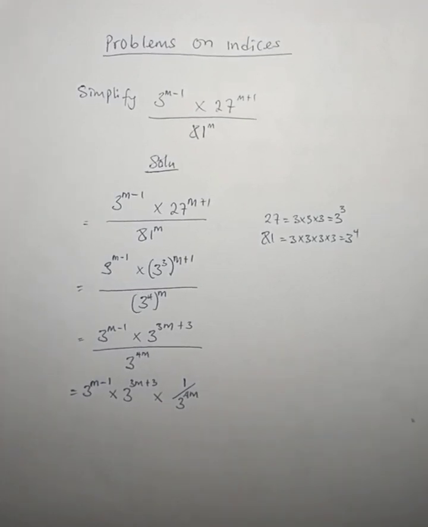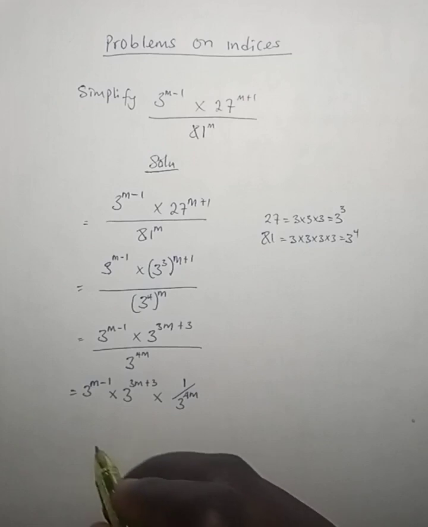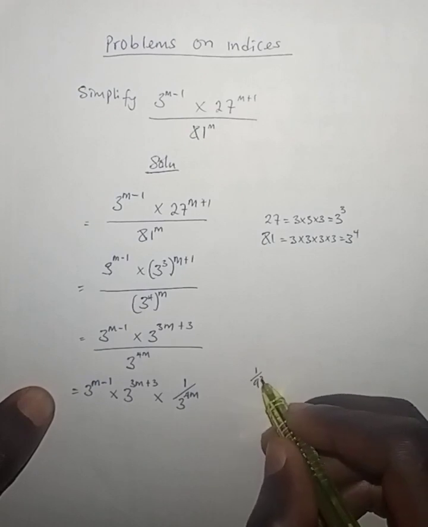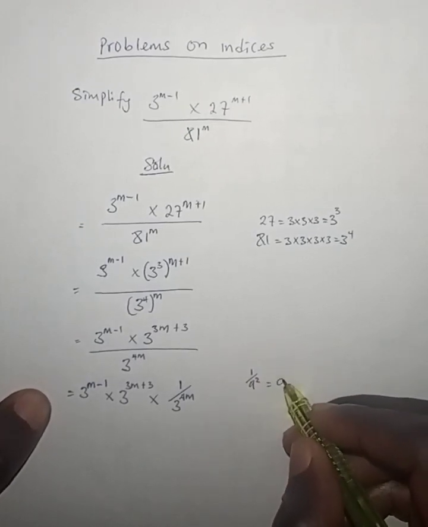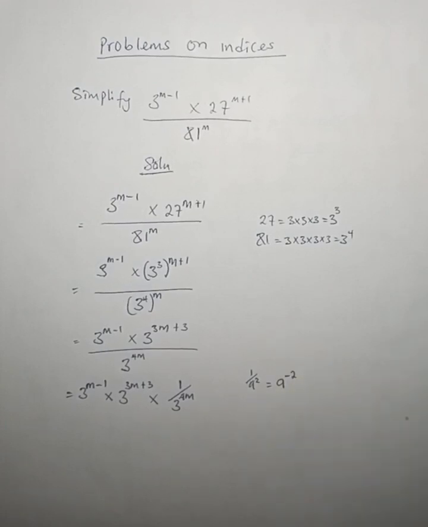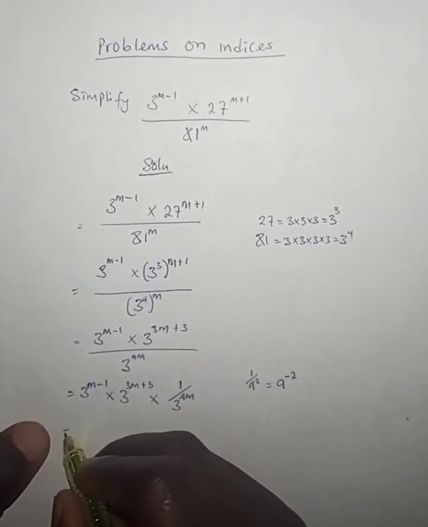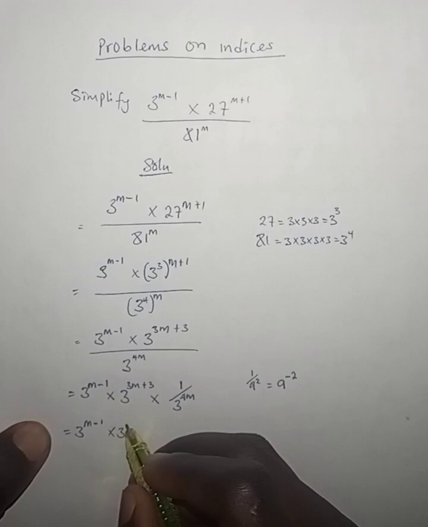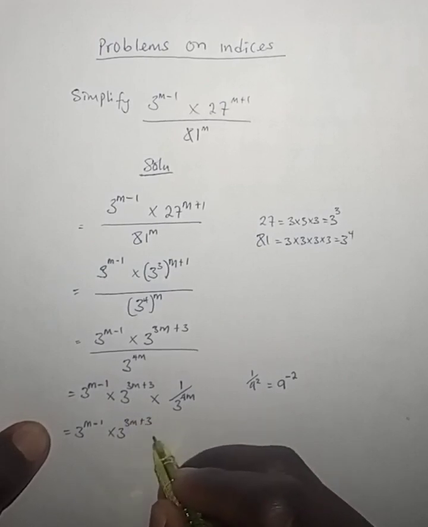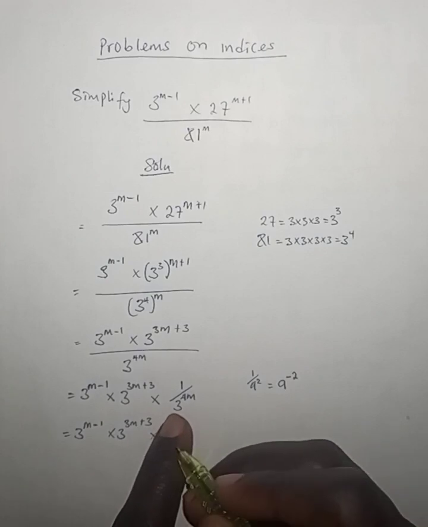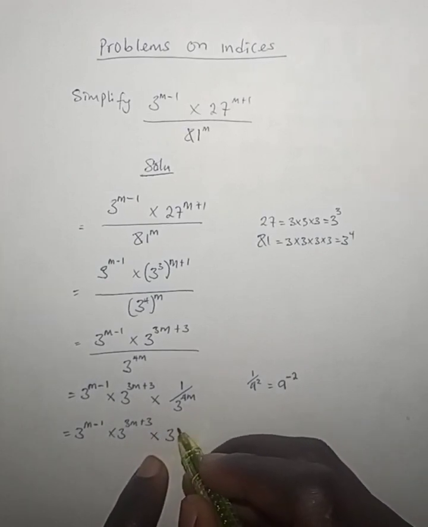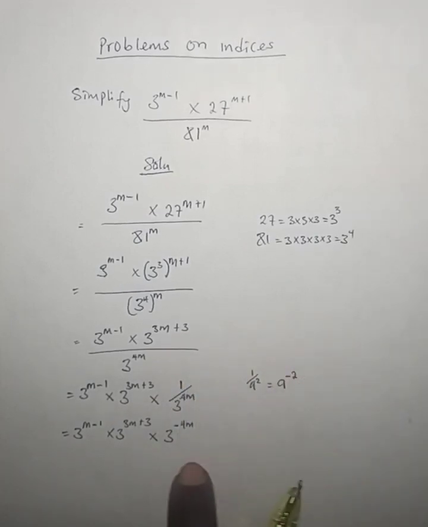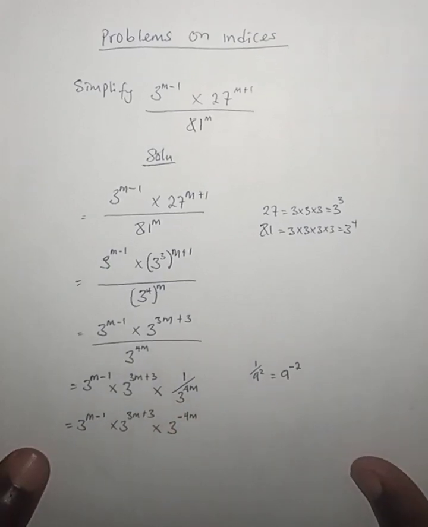And recall that 1 over a squared, or any number, is the same thing as a to the power of negative 2. So 3 to the power of m minus 1 times 3 to the power of 3m plus 3 times this now will be 3 to the power of minus 4m, because this 1 divided by is the minus power sign.